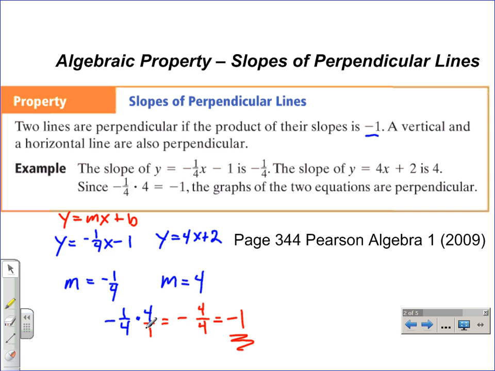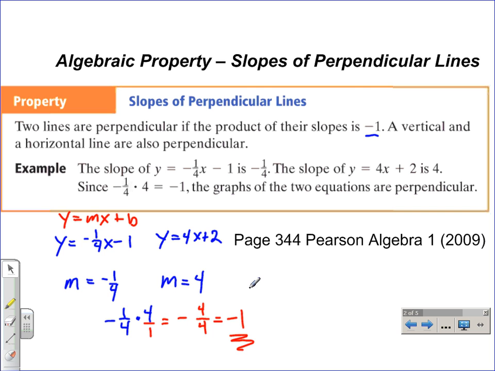That would be how you would show your work to prove or to justify that these two equations have negative reciprocal slopes, and that's the important thing here.